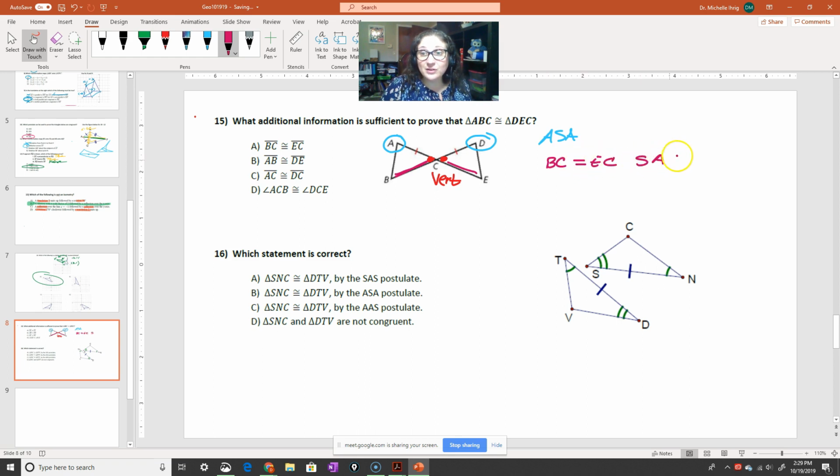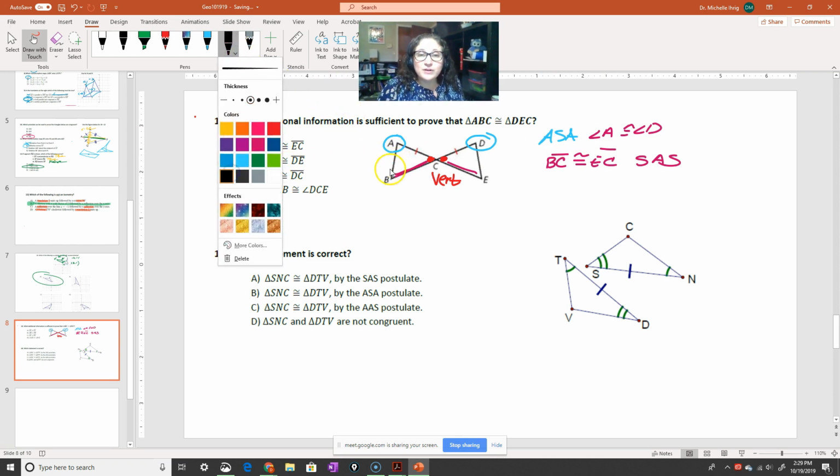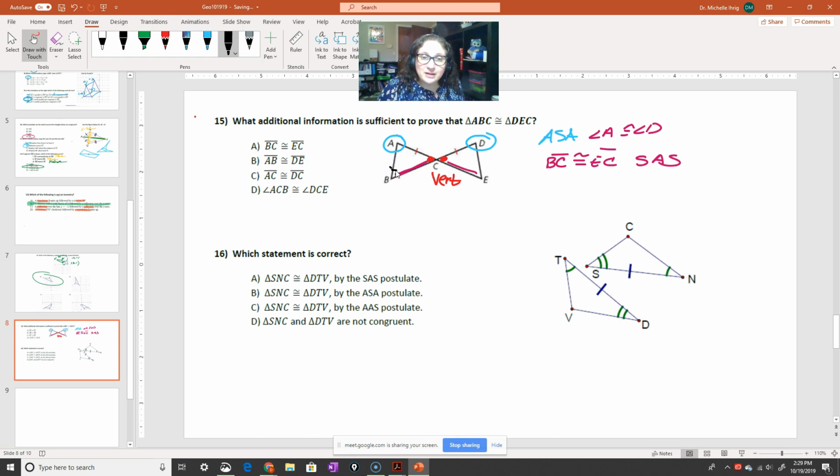That would give us side, angle, side. This is angle A is congruent to angle D. And we also could do angle, angle, side, which I totally zoned about. In order for it to be angle, angle, side, we would need this angle here and this angle here. And that would give us angle, angle, side.